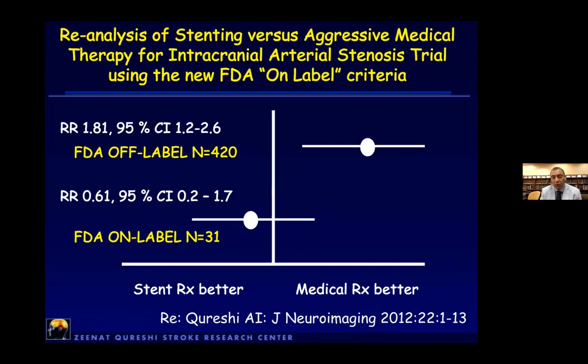In the off-label patients, clearly you can see medical treatment is better than stent placement. But looking at the on-label patients, there seems to be a signal that they may do better with stent placement as compared to medical treatment. So there is perhaps some sense of validity of the new on-label FDA criteria when it comes to selecting patients with intracranial stenosis who can benefit from intracranial stent placement.